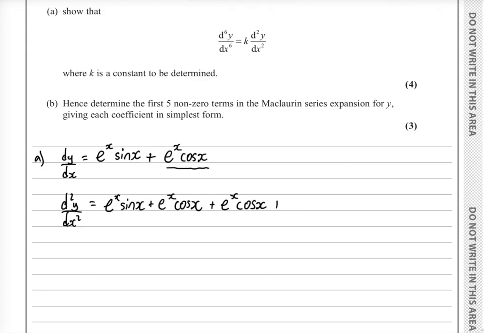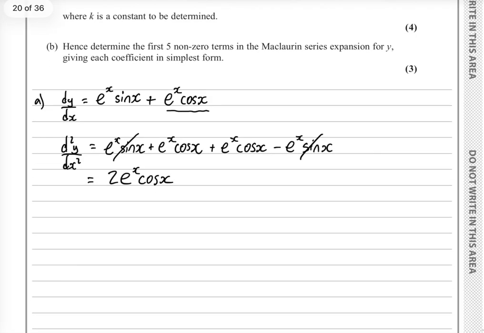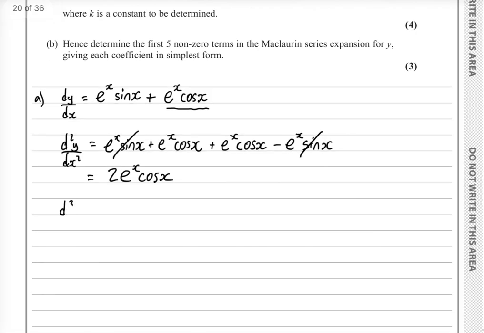And then we differentiate cos x and we get minus sine x, and e to the x stays the same. So that's not going to make too many terms as we go because of that cancelling there. That's not too bad either. Continuing on.